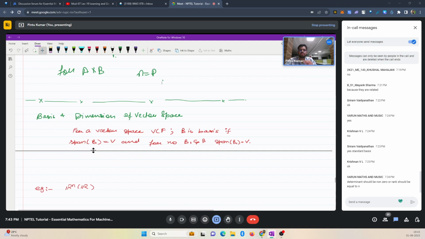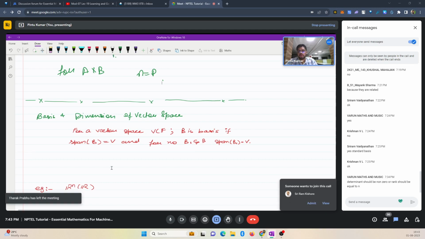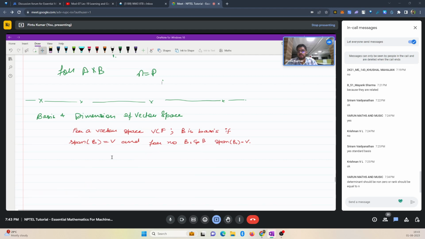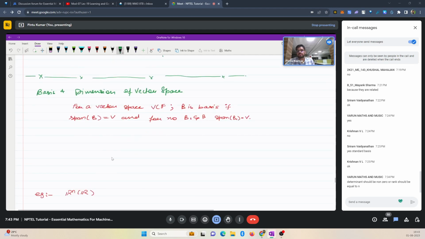Now we move to something called the dimension of a vector space. Okay. Now we studied what a vector space is, right? Now we have something called basis and dimension of a vector space.